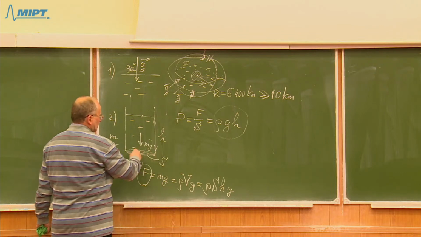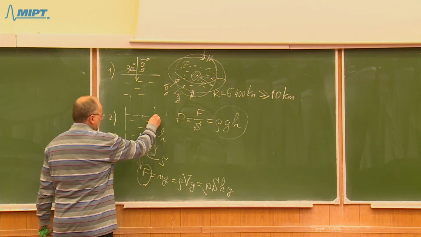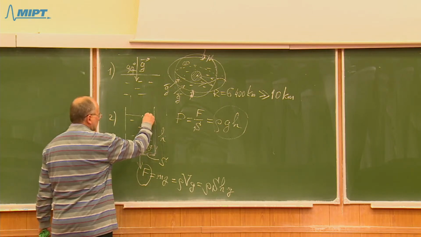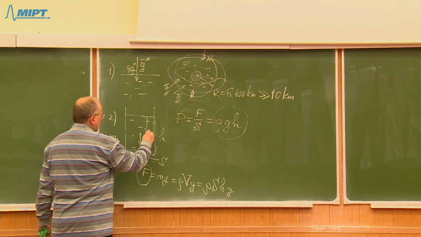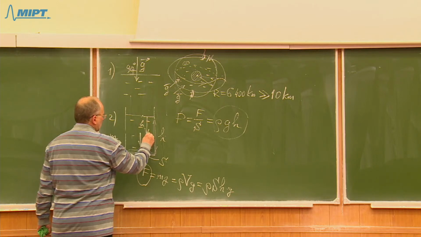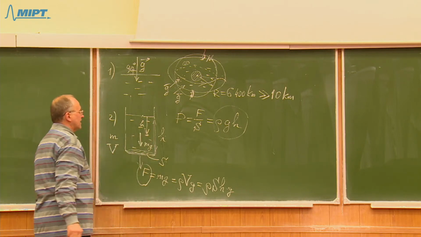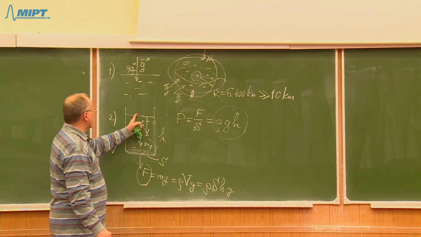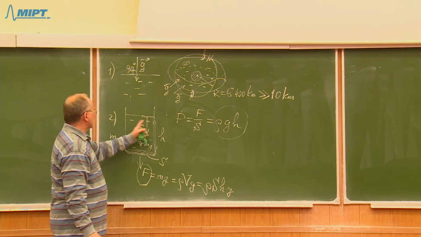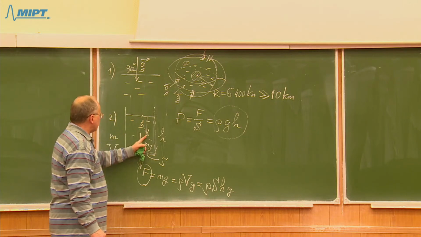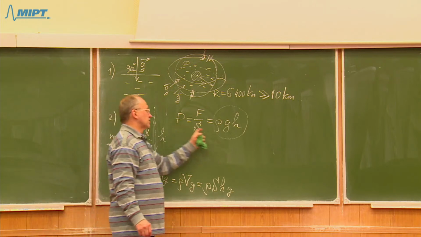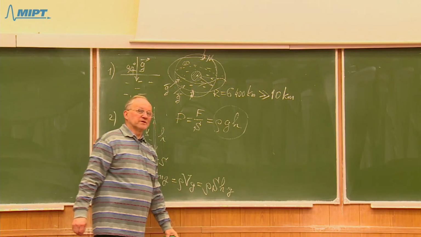I have chosen to consider the depth as the distance from the surface to the bottom of this vessel, but also we can consider any depth h at any point inside the liquid. If it is not on the surface, if it is somewhere at some depth, then there will be a liquid pressure, which will be defined by this formula.